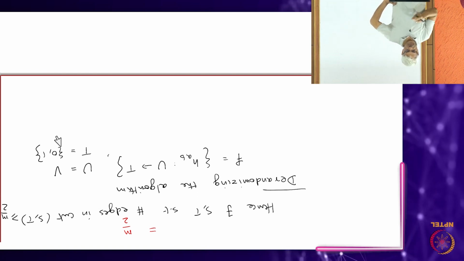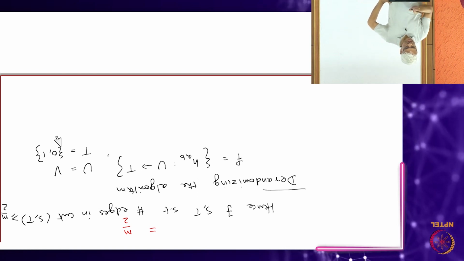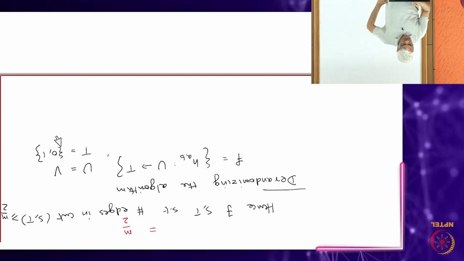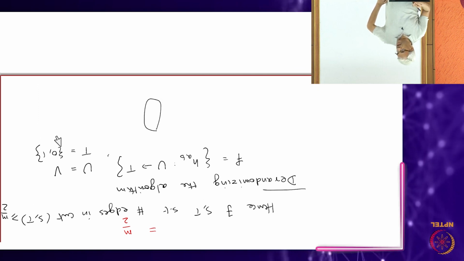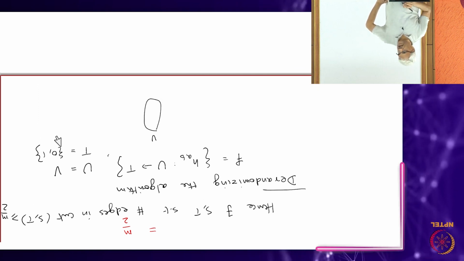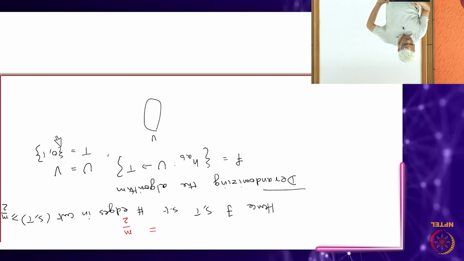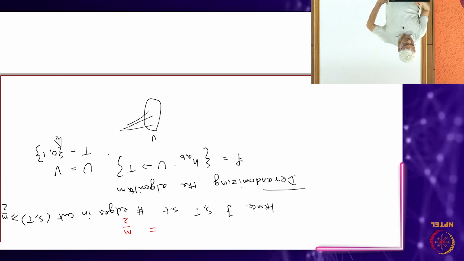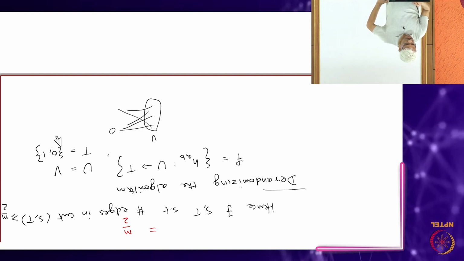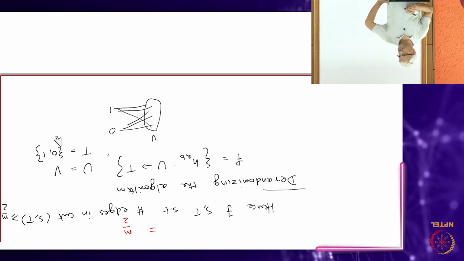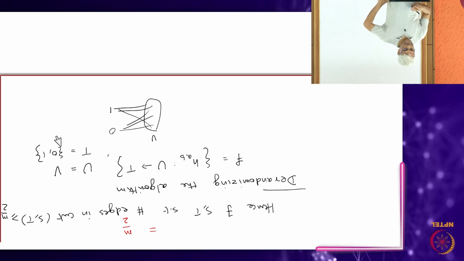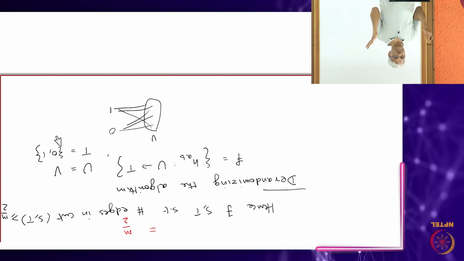So, what is this function doing? This function takes the vertex set V and assigns some of them value 0 and some of them value 1, which defines a partition.